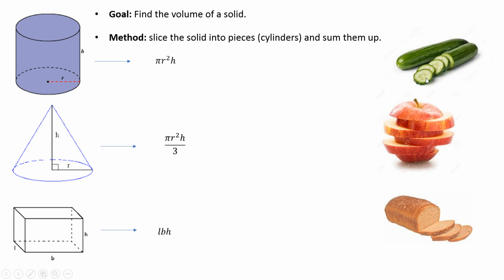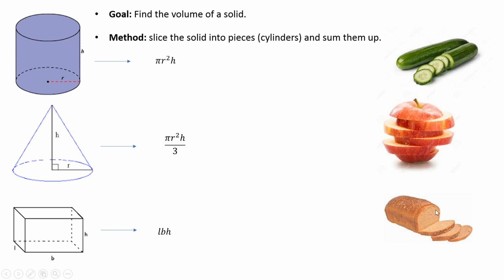Now you can see that we can find the volume of one slice in each case. In this case, this is a cylinder with a circular base, and the thickness of this piece is actually the height of the cylinder. Similarly, in this case, this is also a circular base cylinder.